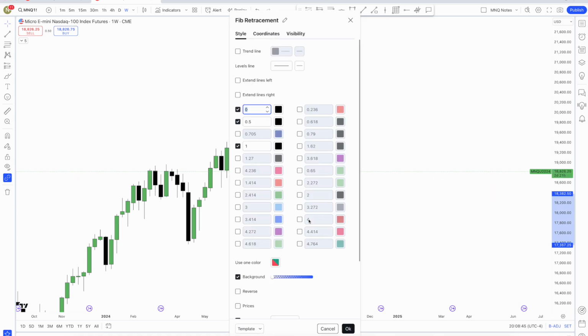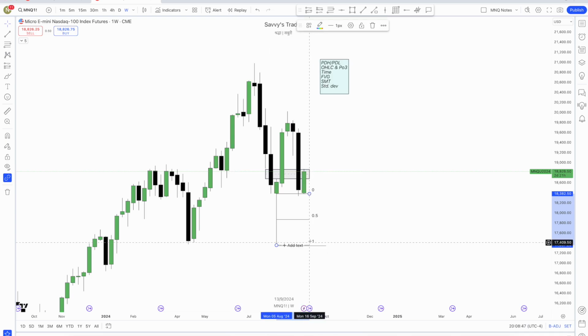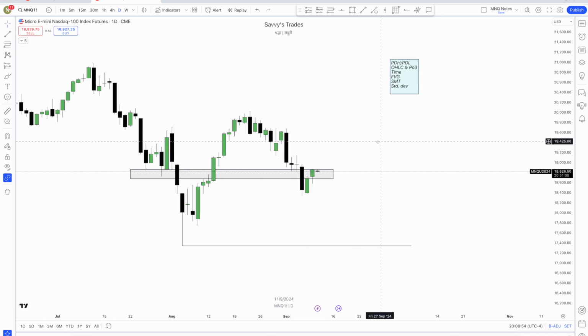All right, so let's go into the daily chart to see how today's day was printed. So now we are into our daily chart. I have still kept the marking which denotes the weekly BPR, and you could see this is the candle that was printed today. It's a bullish candle.